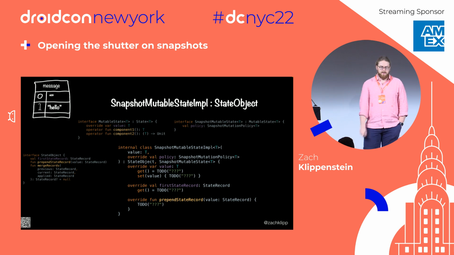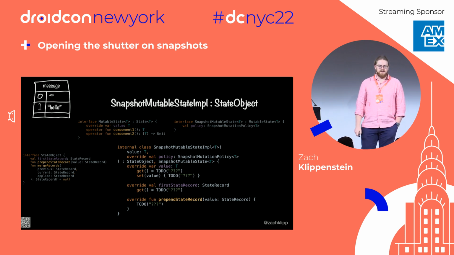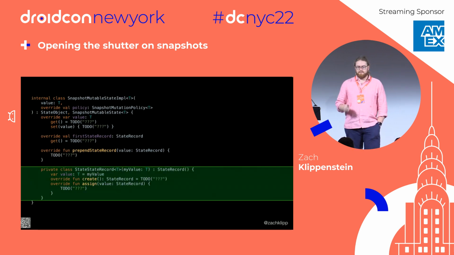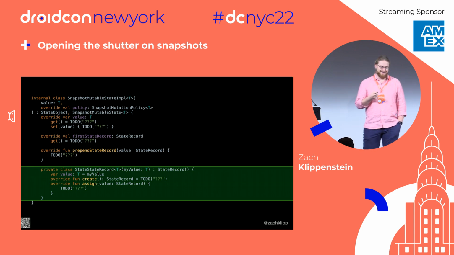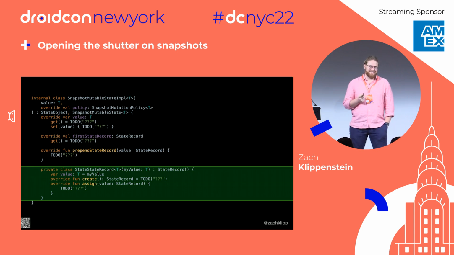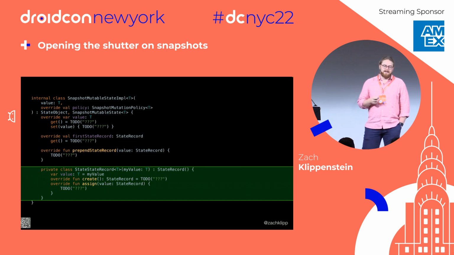Let's add the required stuff from state object and actually implement this. So we need a record to actually store the data. We're going to create this private class state record. That's exactly what it's called in the code. It's going to take an initial value, put that in its value property, and it also subclasses the state record class.